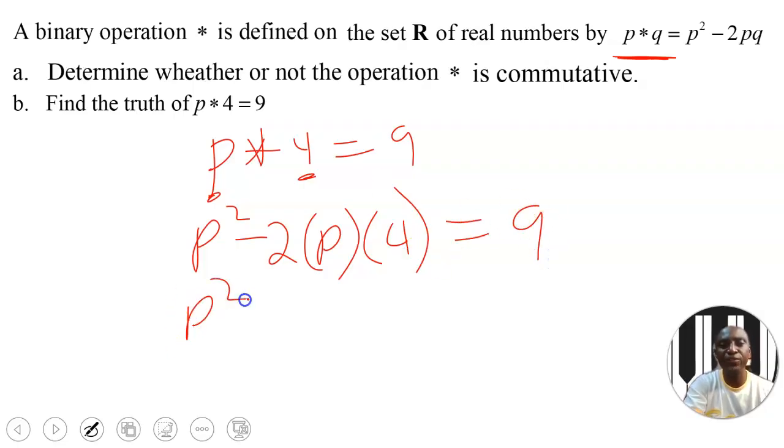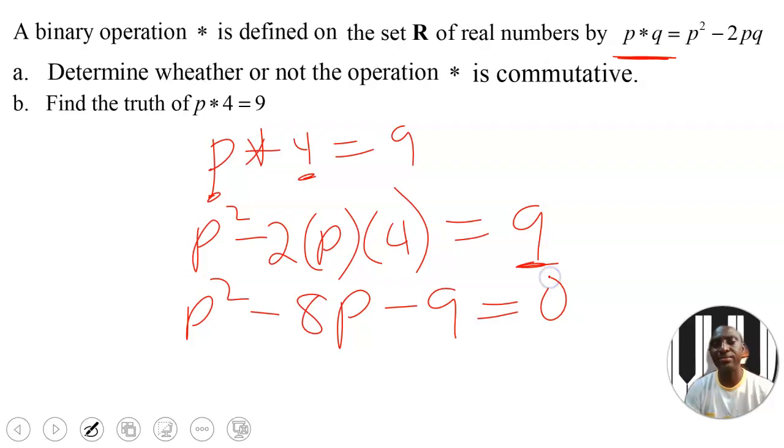If I simplify this further, it will give me 8P. And if I move this one here, I get this. And this is a quadratic equation, which you have to use quadratic means to solve. I'm sure you can do this, so I will leave that for you to solve. If you don't know how to do this, search for the video on quadratic equation and you'll be able to understand this.